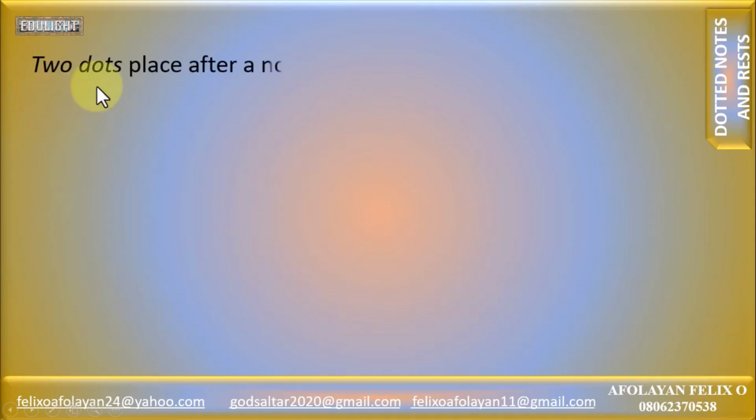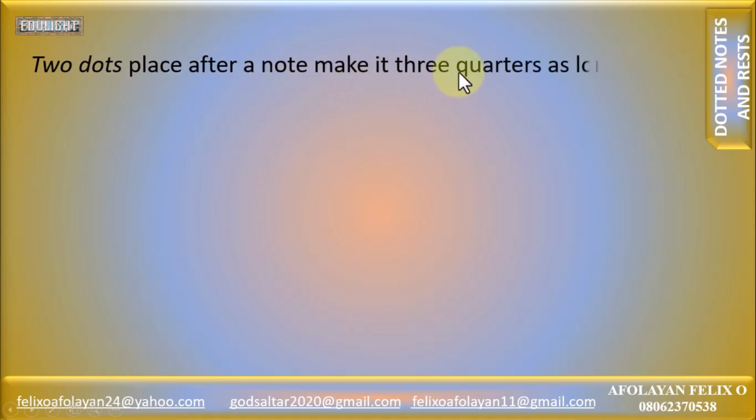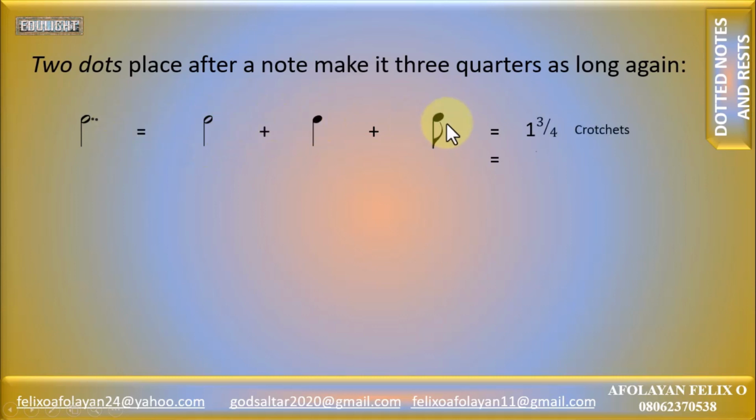2 dots placed after a note make it 3/4 as long again. Like this note, 2 dots will be equal to the crochet itself, that is the note, then half of this, plus this one, so it increases in 2 places.